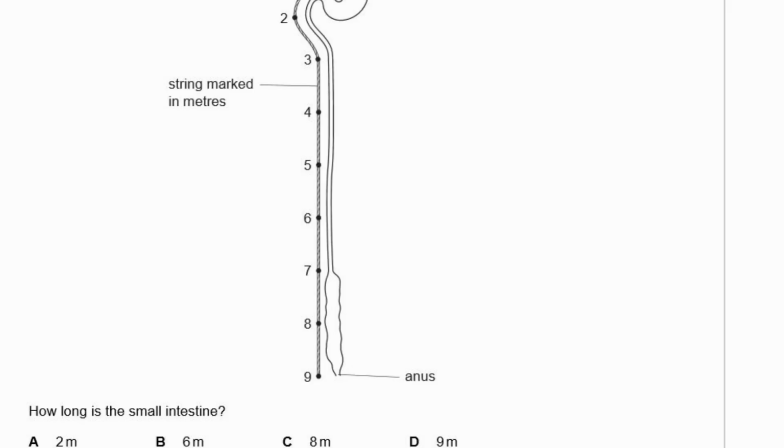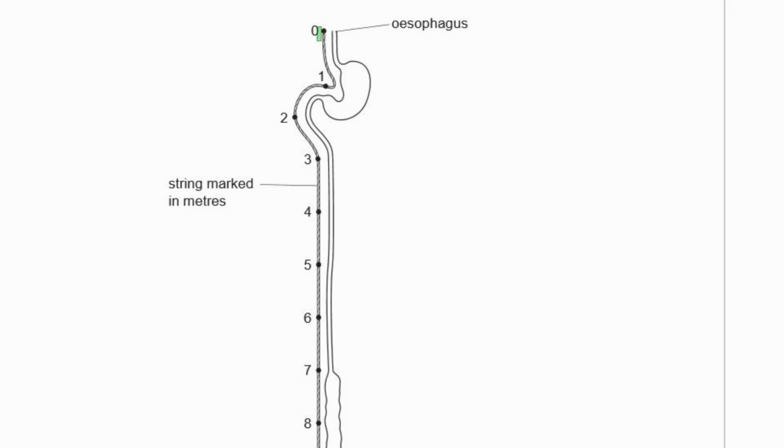So how long is the small intestine? Okay, so at the beginning here, we have the esophagus. That's not the small intestine. Then we have the stomach. That's not the small intestine. And then we start with the small intestine. This whole section here is the small intestine.